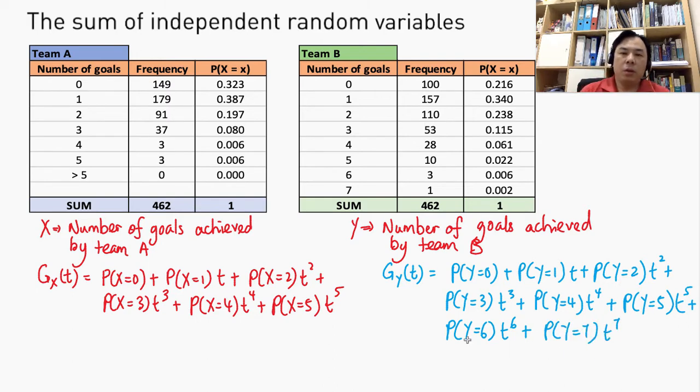Now, those are the probability generating functions that represent the performance of Team B. Okay, so I hope that's clear.